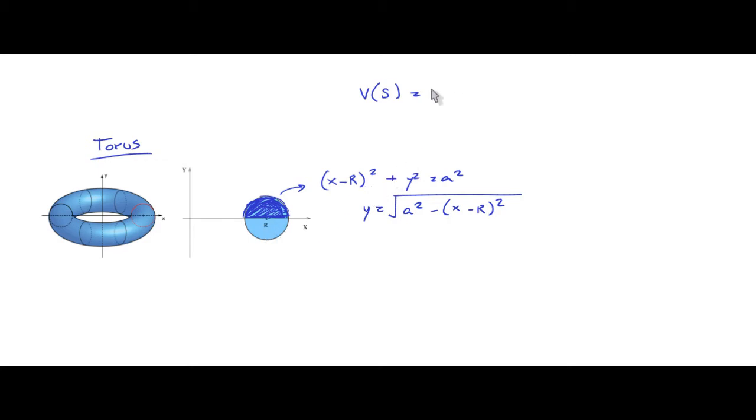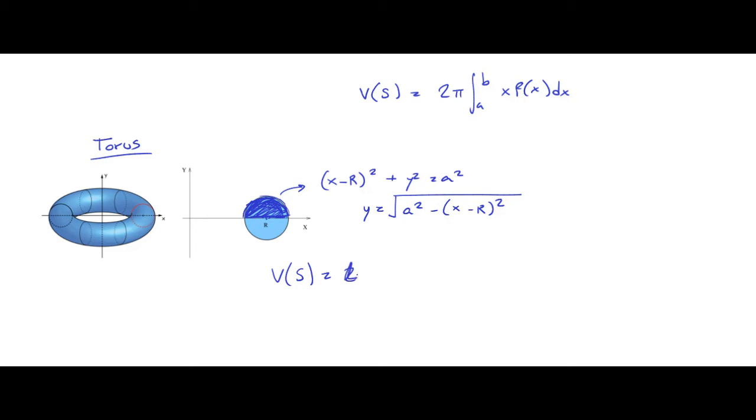So this is going to be 4 pi, oh, sorry, the formula is 2 pi, right? 2 pi, the integral between a and b of x f(x) dx, right? In this case, what we're saying is that our volume is 2 times the integral of this function around the x-axis. So it's just 2 times this.